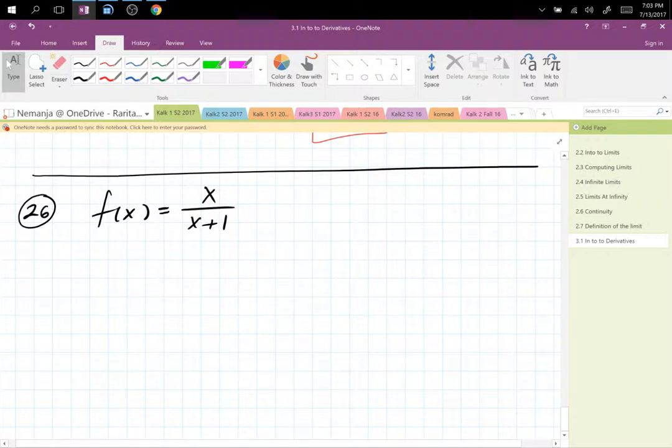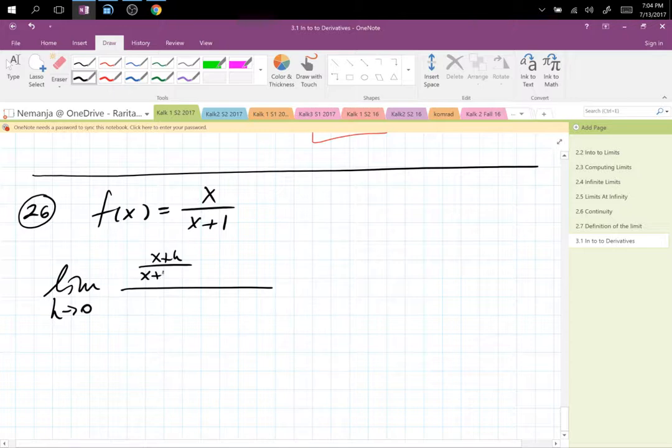1 over x plus 1 squared. All right, let's see. So we start with the limit as h goes to 0 of x plus h over x plus h plus 1 minus x over x plus 1, divided by h.